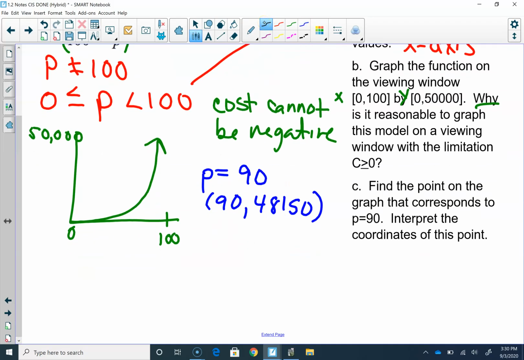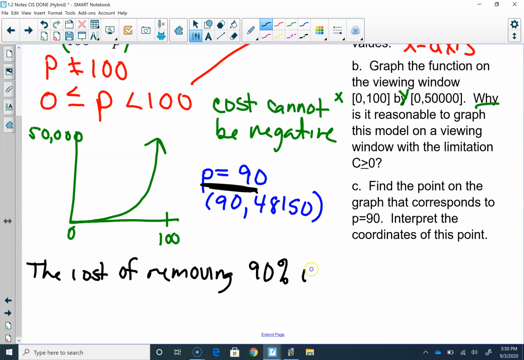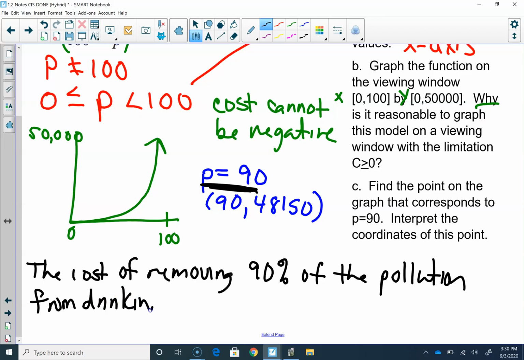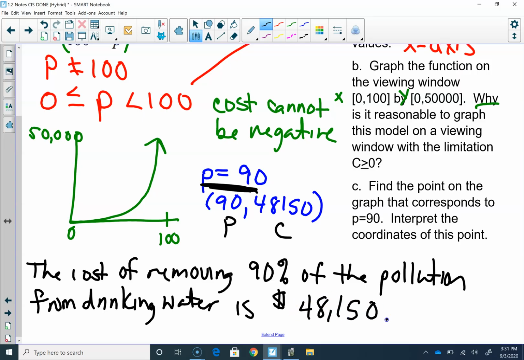So if I was going to interpret that, I would say the cost of removing 90% of the pollution from drinking water is, remember C was cost, this was P, this was C. So this would be money, $48,150.